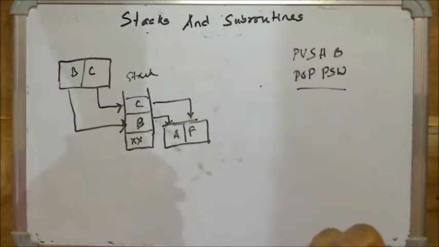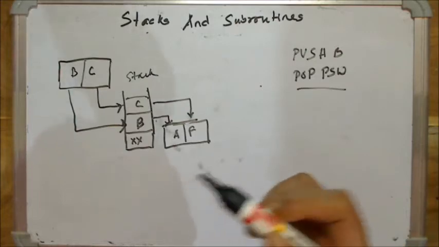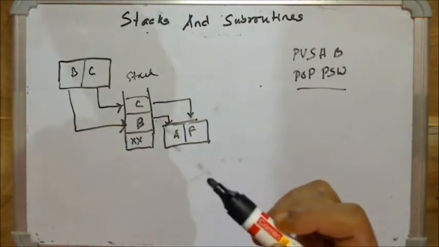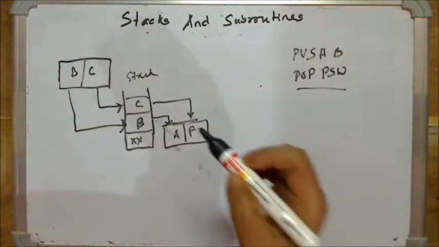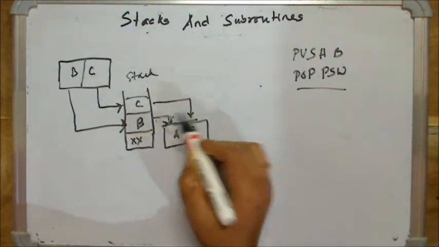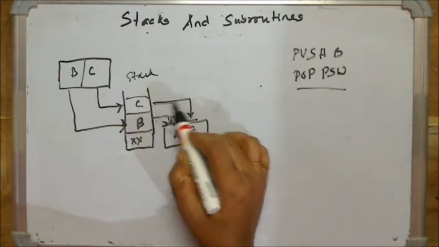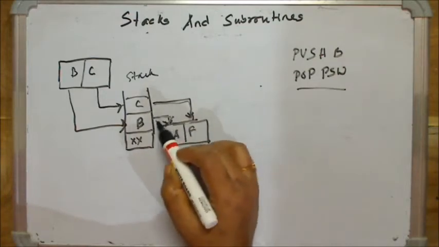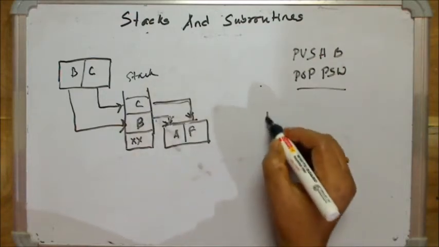When you do pop PSW, A will get the value of B and F will get the value of C. A getting the value of B is very simple.